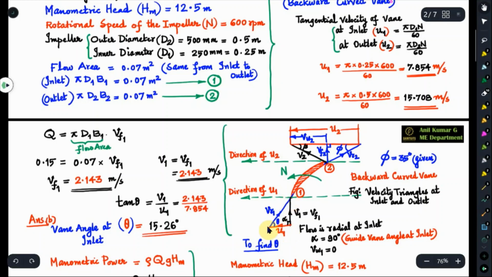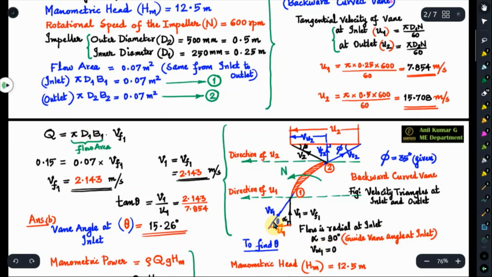So in this right triangle, we know the velocity U1, and in fact Vf1 also we have found out now. Vf1 from the discharge and the flow area, we found out the velocity of flow at inlet. Incidentally, V1 is equal to Vf1. Since Vw1 is 0 and flow is radial at inlet, alpha is equal to 90 degree.